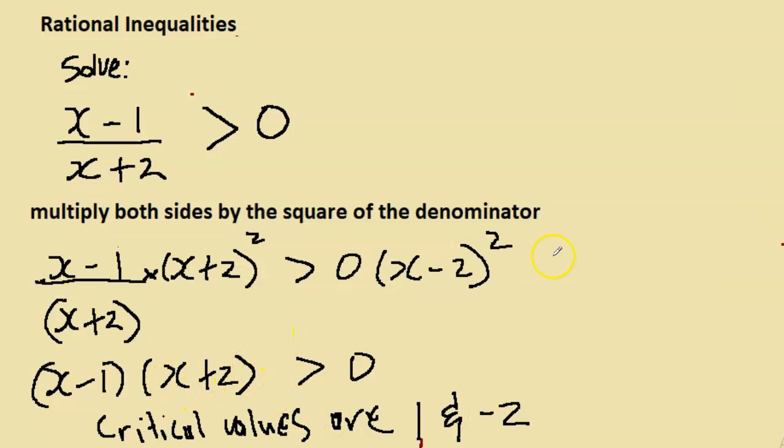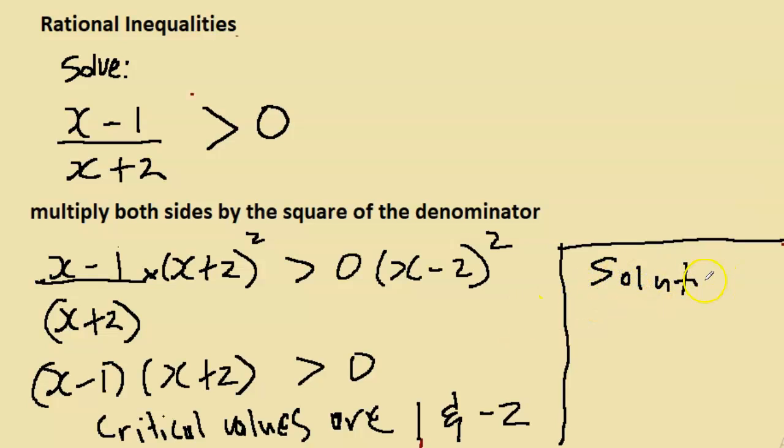And because it's greater than 0, the solution is x is greater than the higher critical value, and x is less than the smaller critical value.